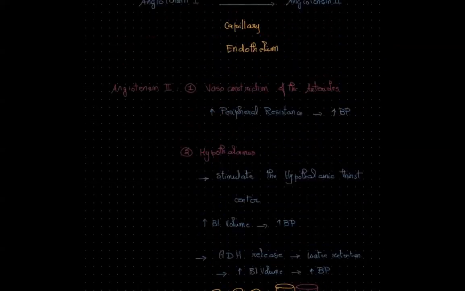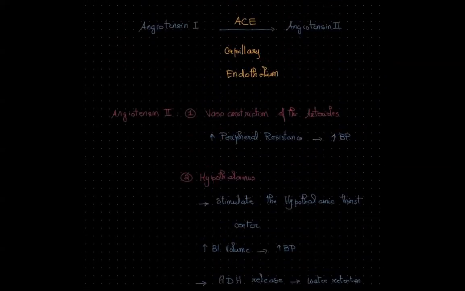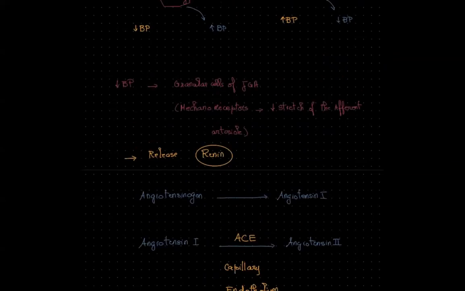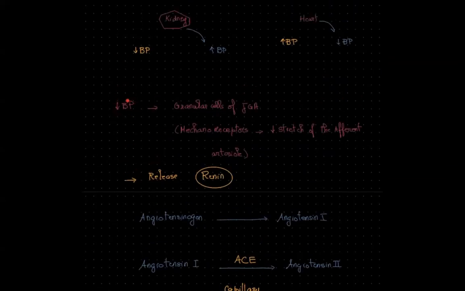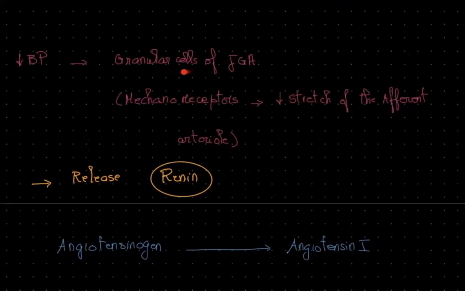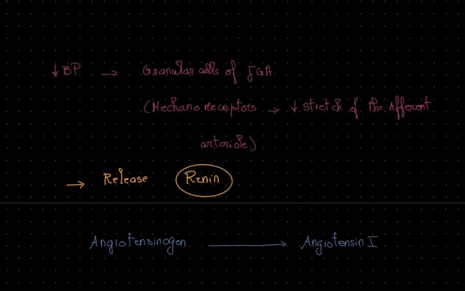So recap here, we have detected a decrease in the blood pressure in the kidney by the granular cells in the juxtaglomerular apparatus that act as mechanoreceptors located in the afferent arterioles. So once they detect a reduction in the degree of stretch of the afferent arterioles, this means I'm not having enough blood coming in.